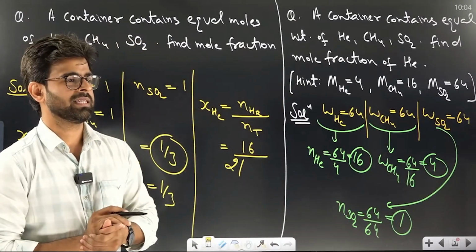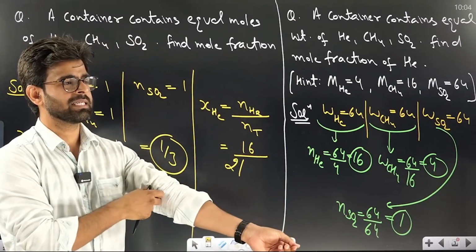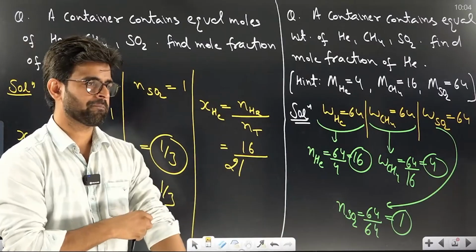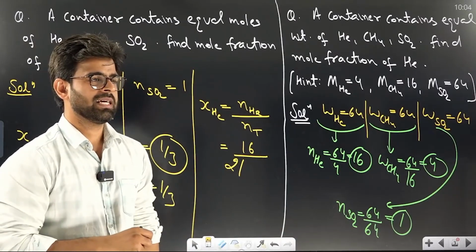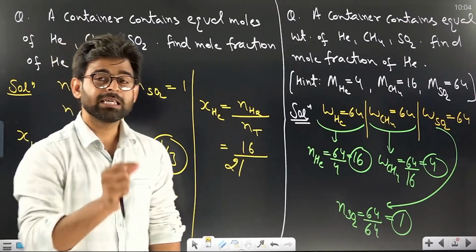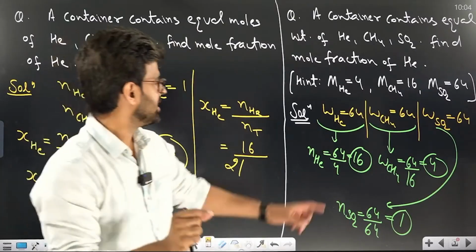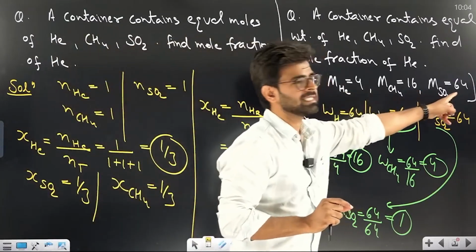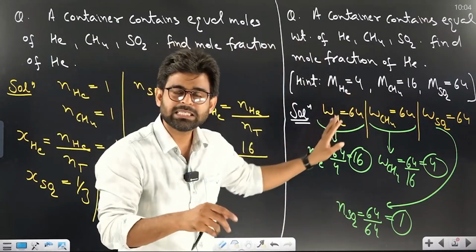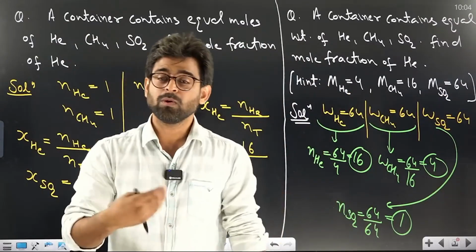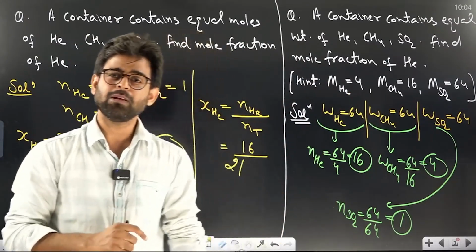Very good. Are we clear? If they give equal weight, please assume a weight which is a multiple of all of these molar weights, so that it is easy to find the moles and then easy to find the mole fraction.